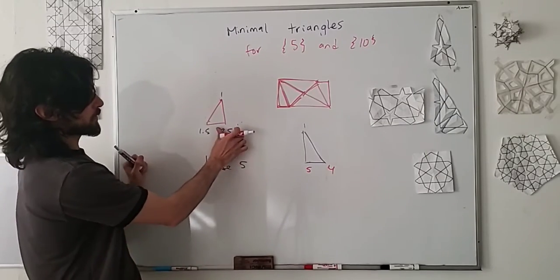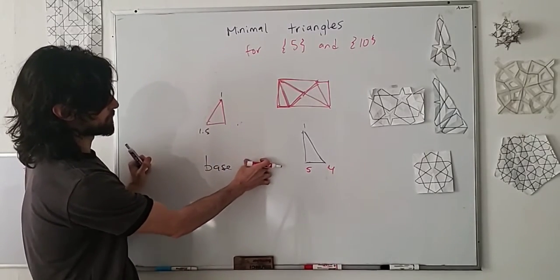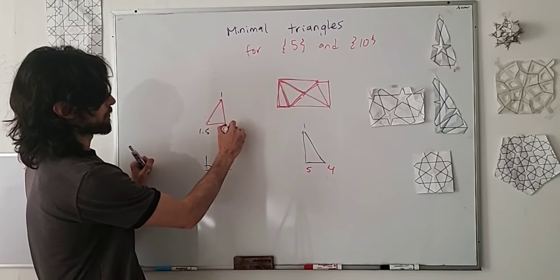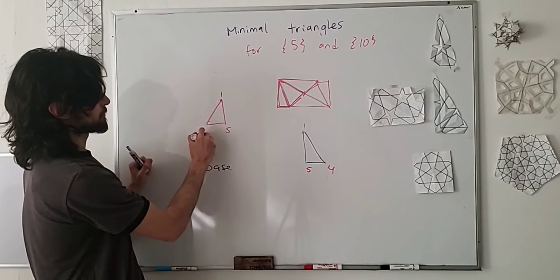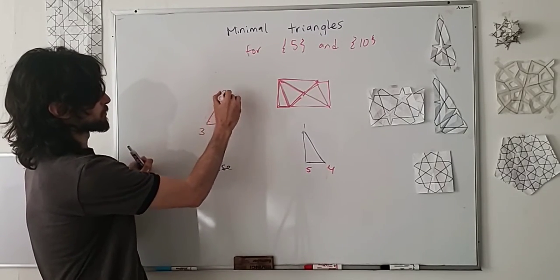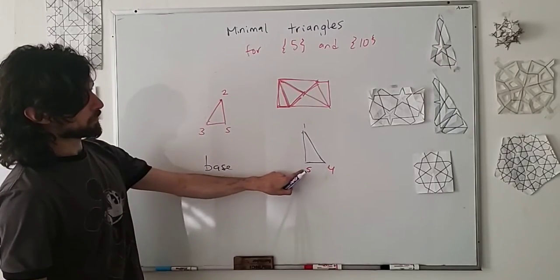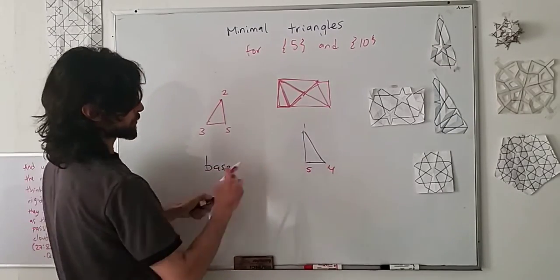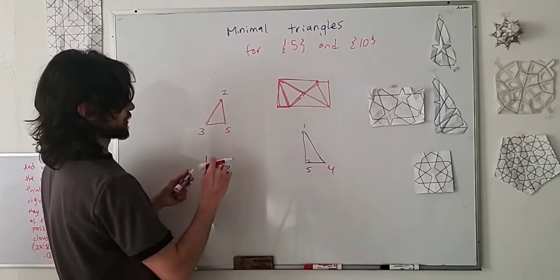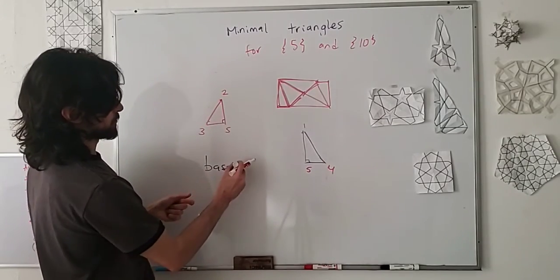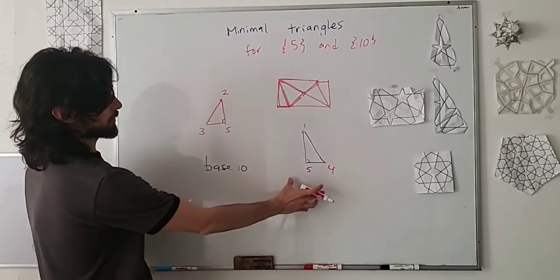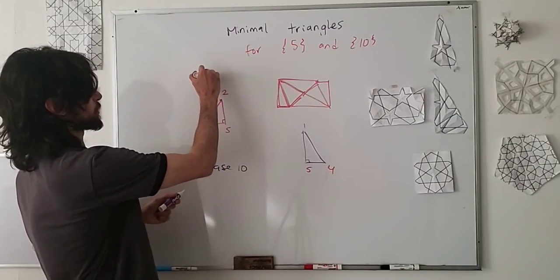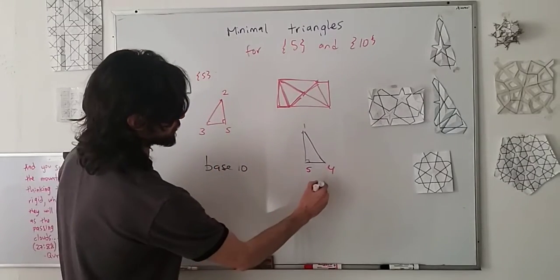So if we change it into 10, this becomes a 5, this becomes a 3, and this becomes a 2. We see that the 5 is shared in common between these 2 triangles, because this is the minimum triangle for the 5, and this is the minimum triangle for the 10.